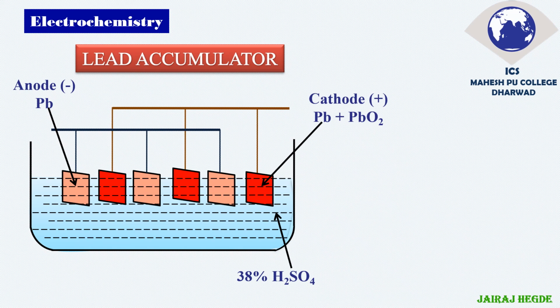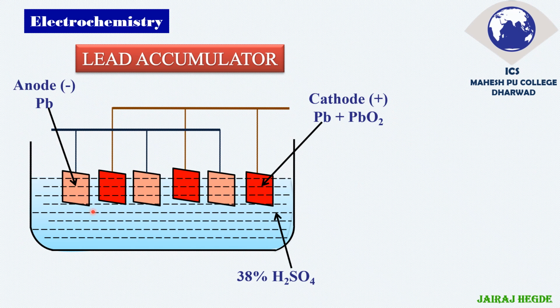plates of anode and cathode. The anode is lead, Pb. These pale pink color plates that you can see over here are all fluffy, spongy lead sheets. These are nothing but lead sheets, Pb, which act as the anode, the negatively charged electrode, and the cathode is the lead oxide electrode.